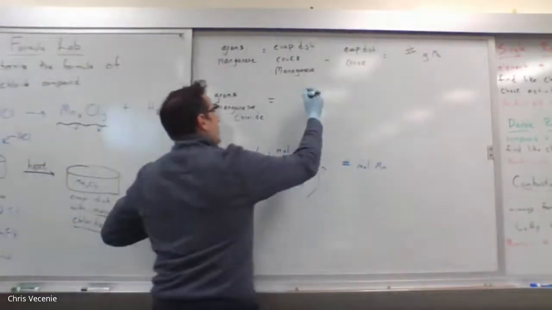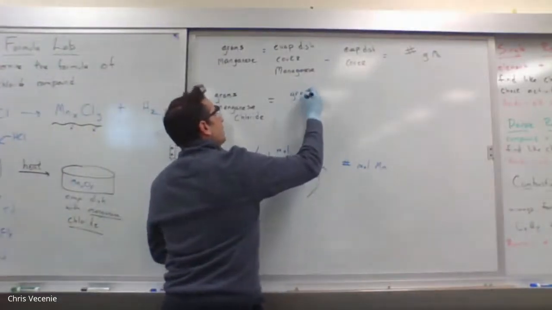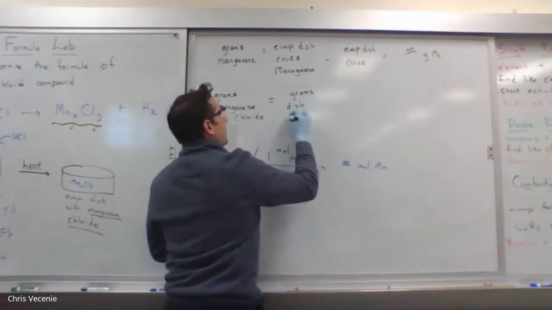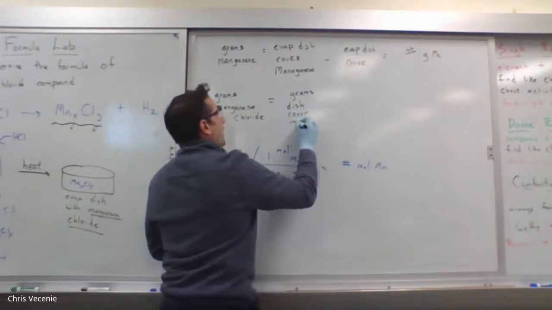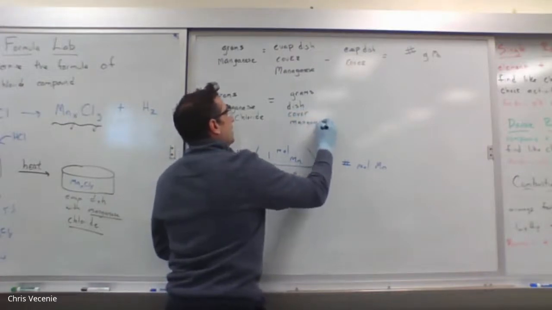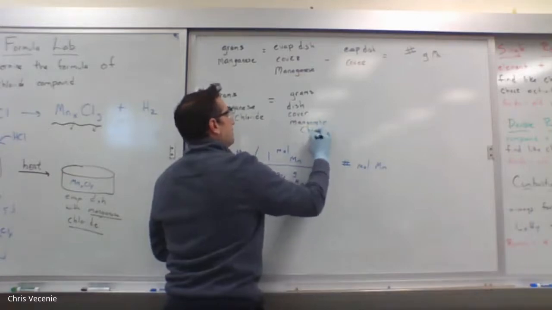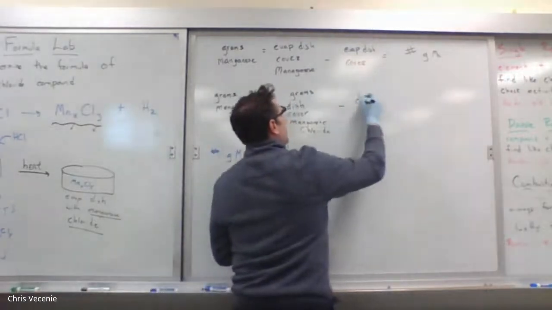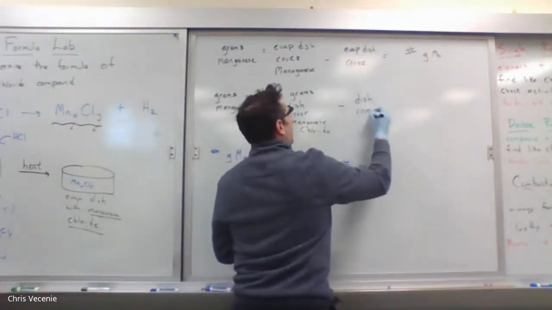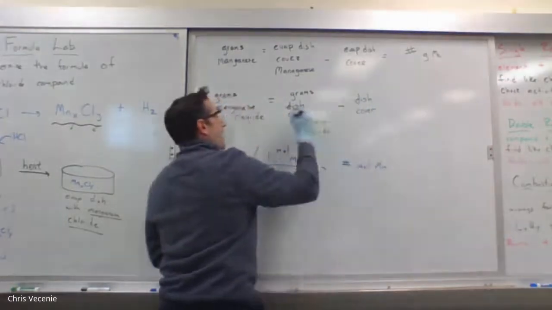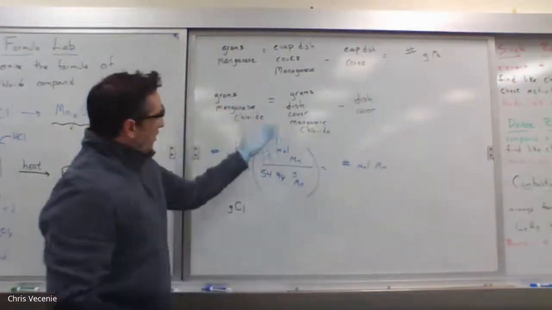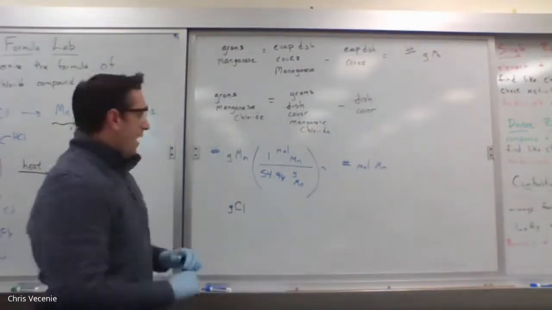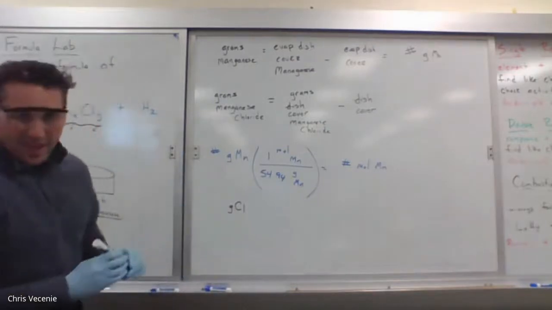Right, so what we can do is we can take the grams of the dish, the cover, and the manganese chloride minus the dish and the cover. Dish and dish nullify, cover and cover nullify. The only difference between those number values are going to be the grams of manganese chloride. All right, so that's how you'll get that value.